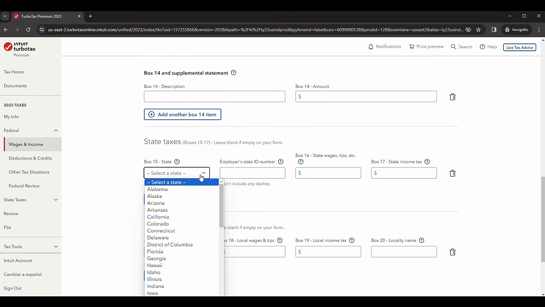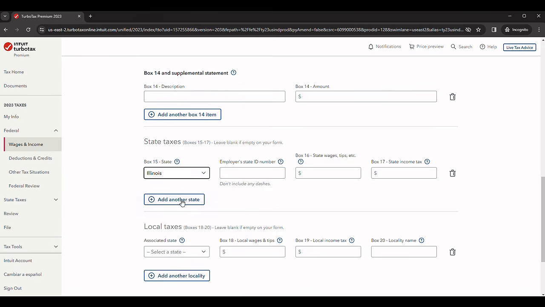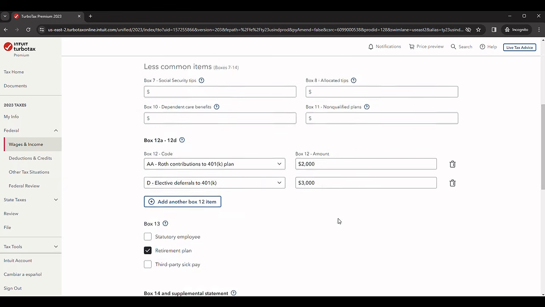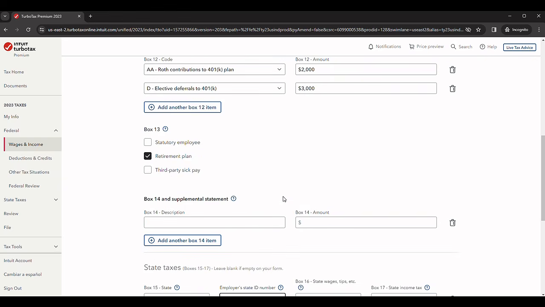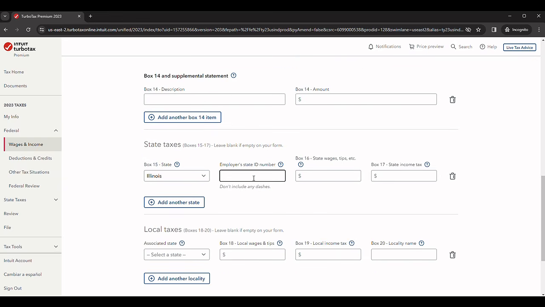You're going to see state income tax information. If you're in like Texas or Florida, you're going to have nothing there. It might say Texas or Florida, but over here, the information that matters, you're going to see nothing. So here, it's not really that important, but just type in whatever you see there.